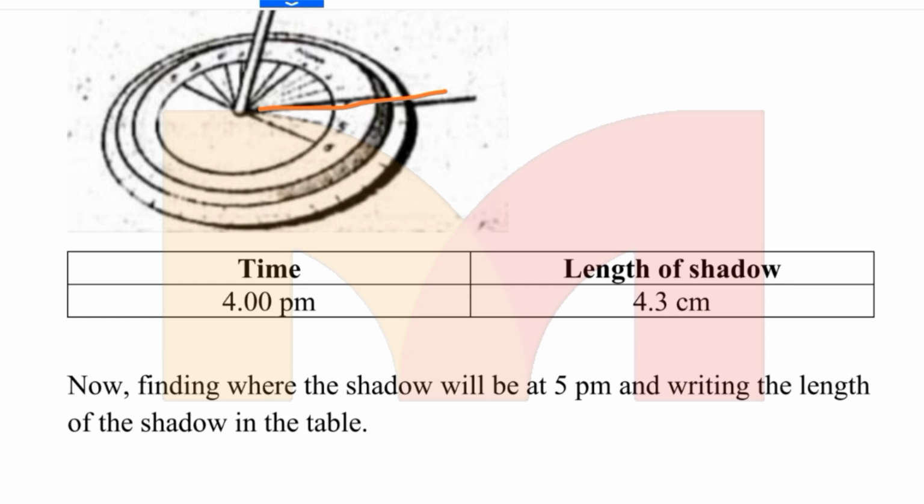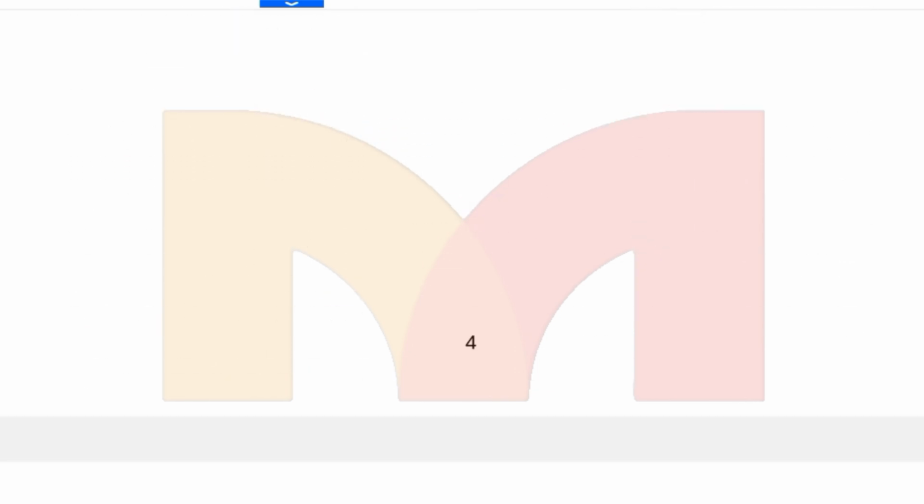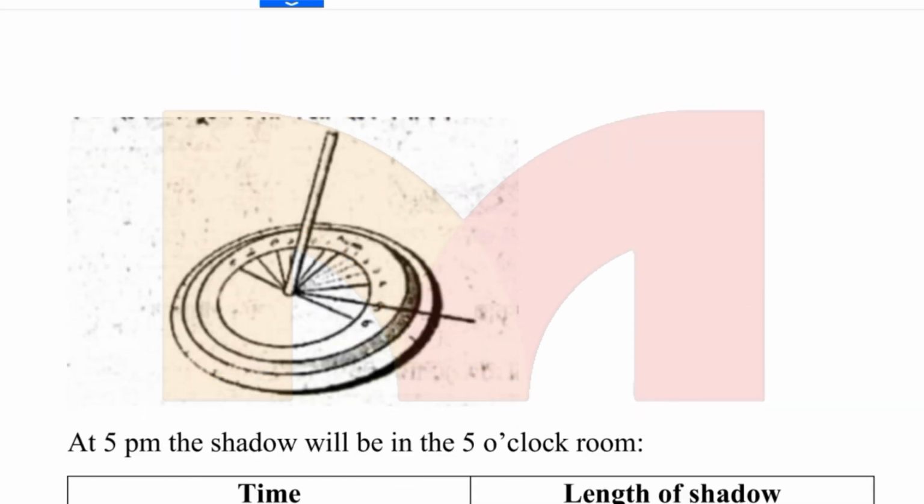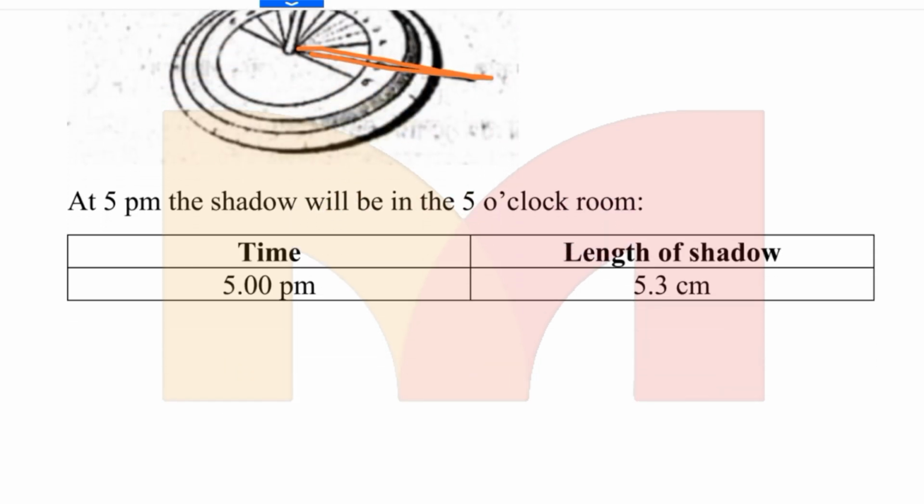Now finding where the shadow will be at 5 p.m. and writing the length of the shadow in the table. Again draw the sundial in the 5th clock's room and write the following table. Time 5 p.m., length of shadow 5.3 centimeter.